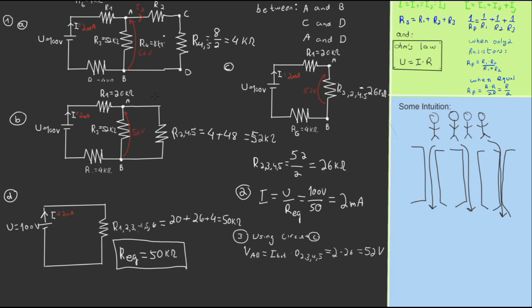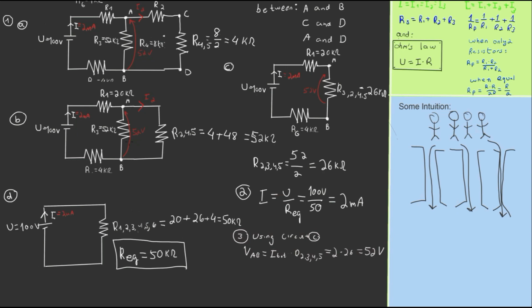Maybe there's another circuit that can help us finding this current. And browsing again between our circuits, we see that this branch here is exactly the same branch here. But does that circuit help us find the current here? Well, it does. We're looking for this current. We called it I2.